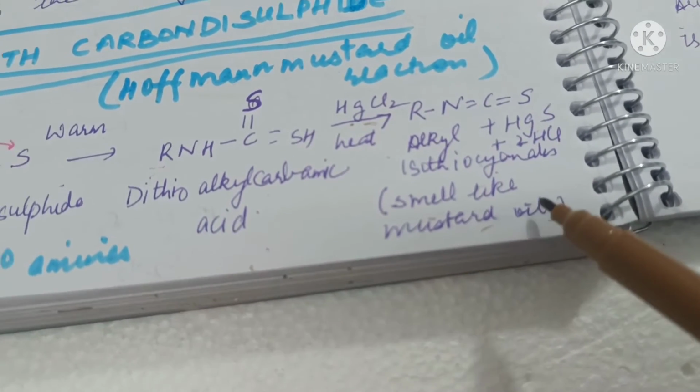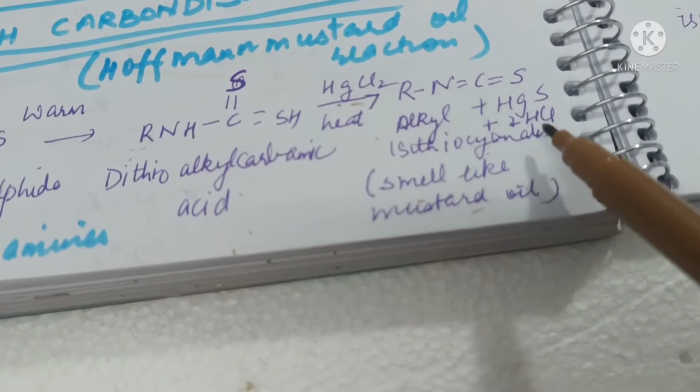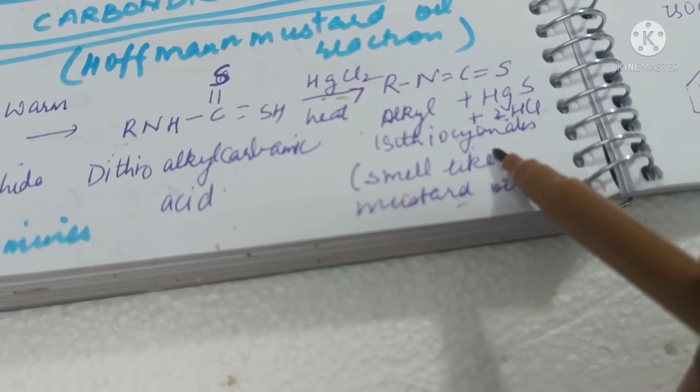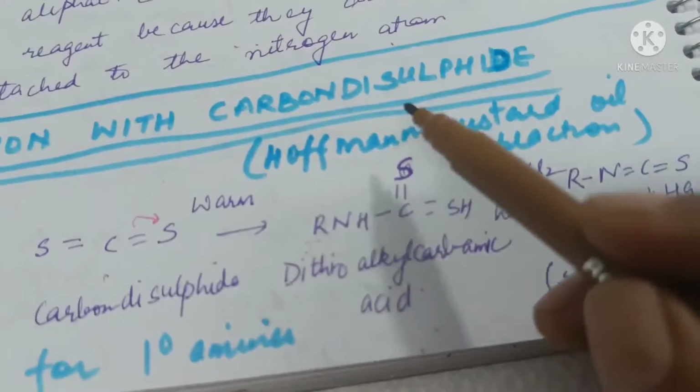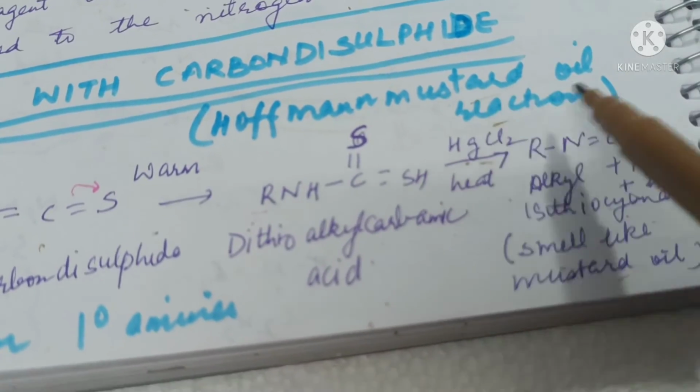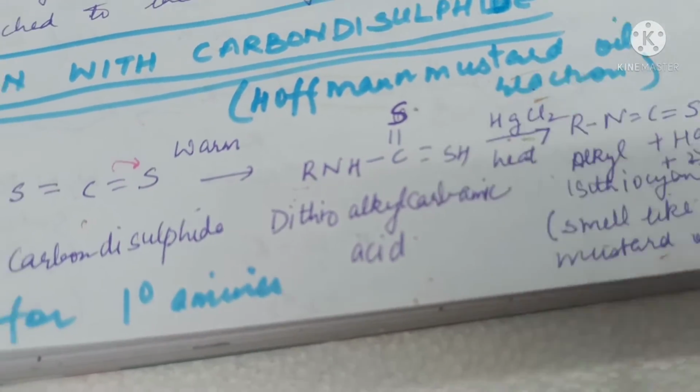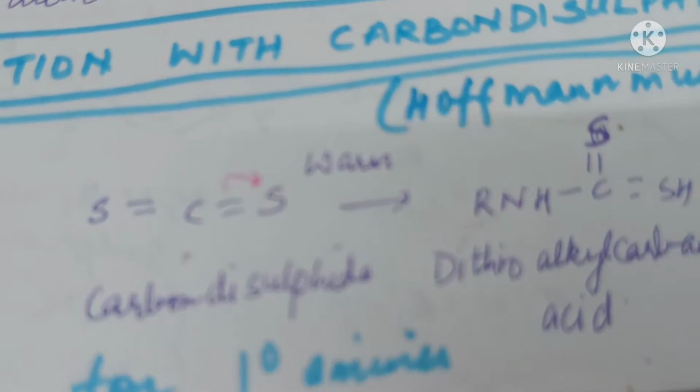It has a smell like that of mustard oil. Along with it, mercuric sulfide and HCl are formed. Because it has a smell like mustard oil, it is called Hofmann mustard oil reaction.